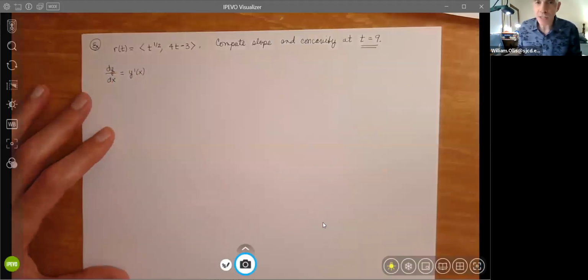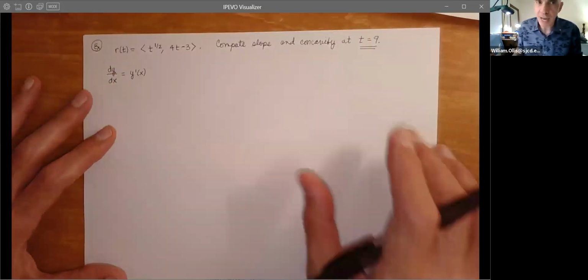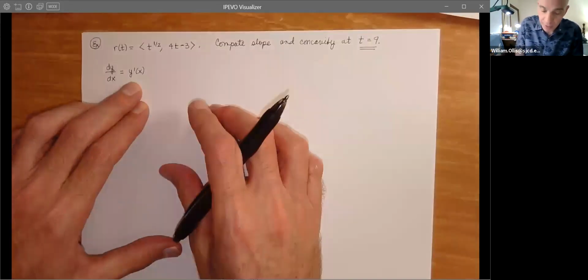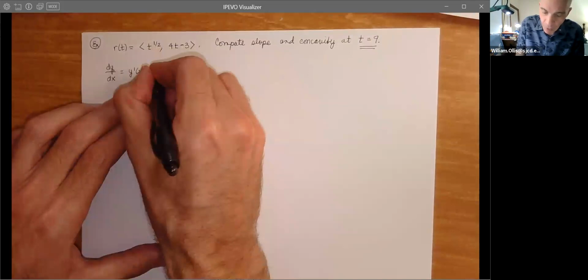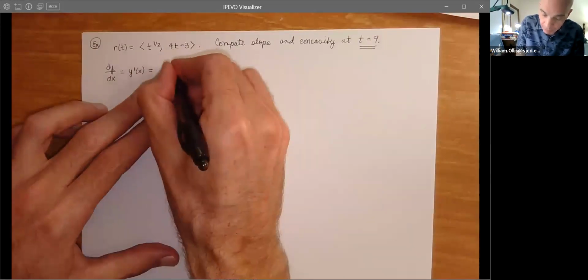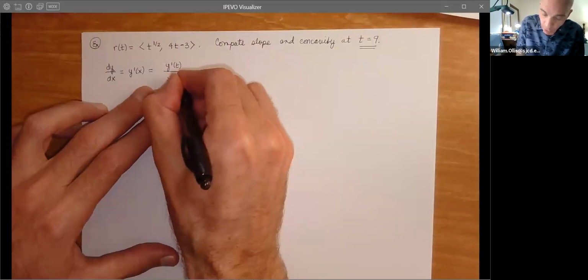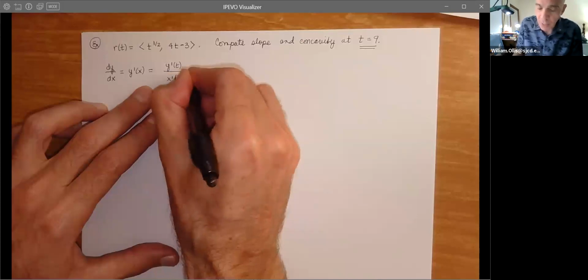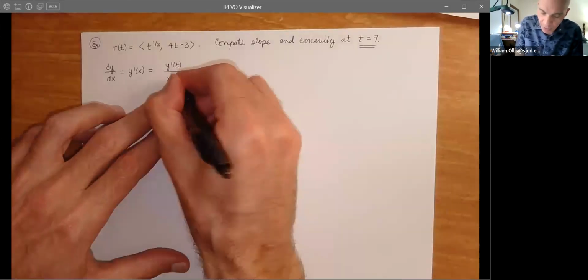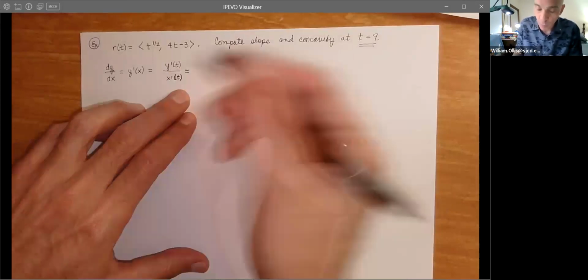I think context always gives you what you need to know, but let's just keep track of what you mean when you write these things. So now, just to remind you, this will be y prime of t divided by x prime of t. Now you're thinking, could you just do these separately and do the ratio? Sure, you can do these any way you like, and I often have a little algorithm for that. But let's just go ahead and move this forward.